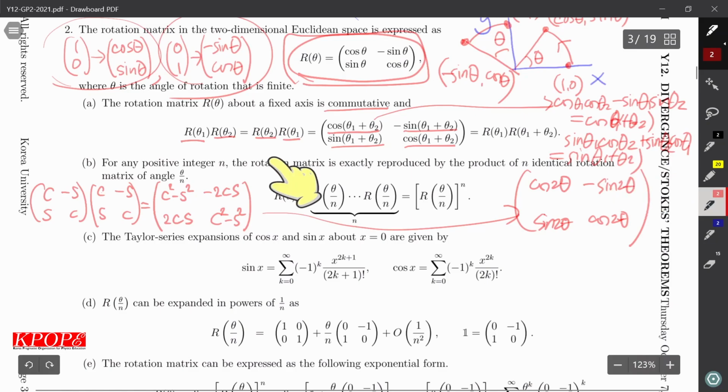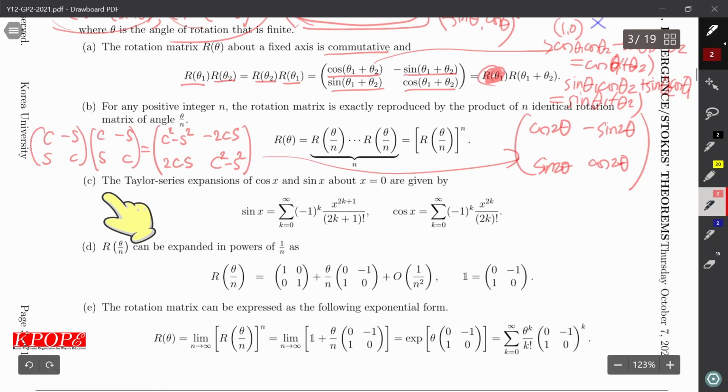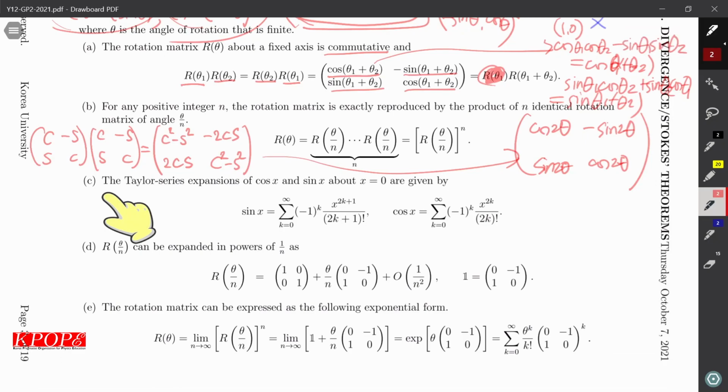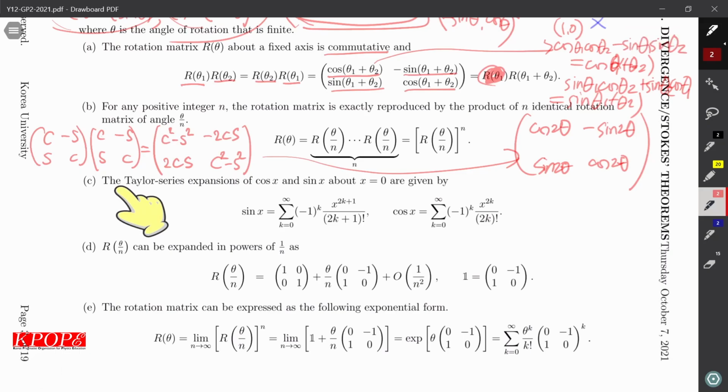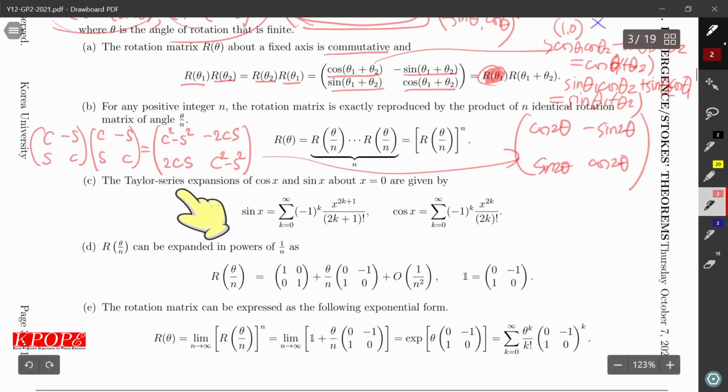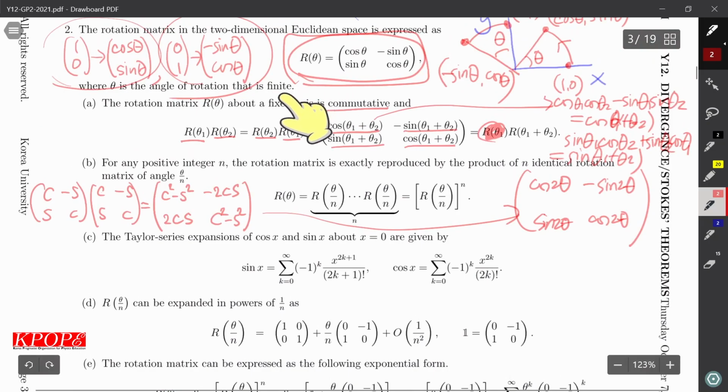So using this way, if you apply this idea, R theta can be understood as R of theta over n multiplied n times.